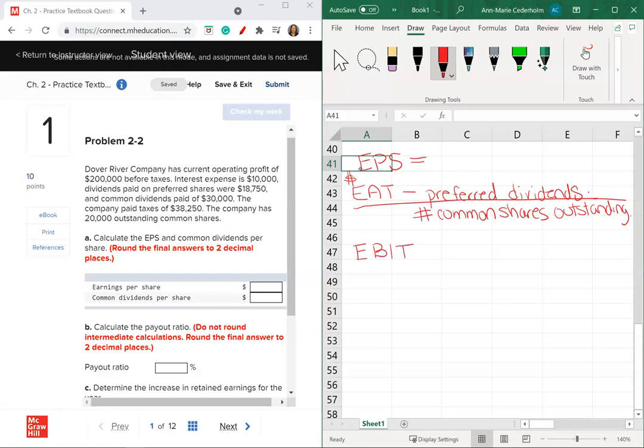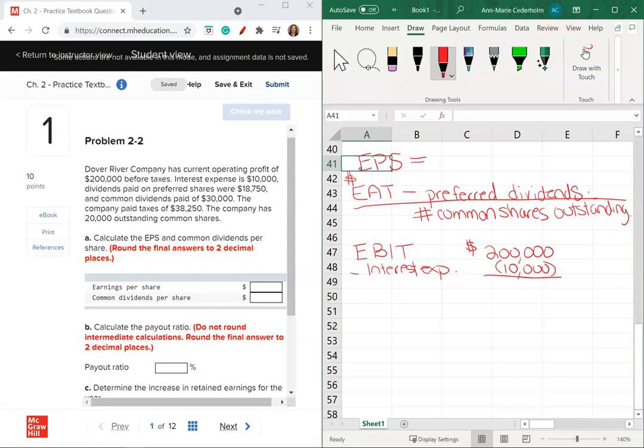That's EBIT, and the number they want us to use is 200,000. They're calling it current operating profit of 200,000. Then we subtract our interest expense, and they tell us in the question that it's 10,000.